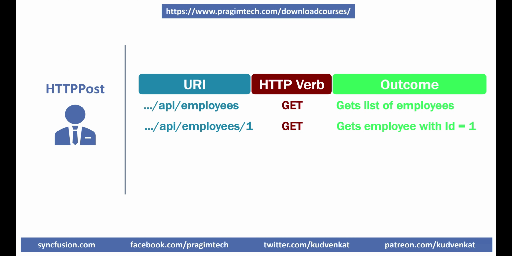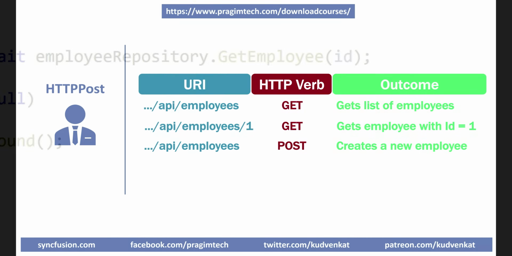To create a new resource, that is, in our case, to create a new employee, we issue a post request to this URI. Notice the word employees is plural, and posting to this collection URI /API/employees makes sense because to this collection of employees, we want to add a new employee.